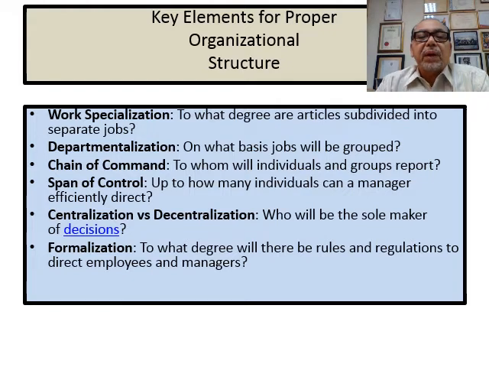So one head, one manager, maybe one supervisor, controls 10 people. Another supervisor controls another 10 people. That's what they are trying to say here. How many people can a head control down the line? So we call it the span of control. It cannot be one person controlling 100 workers. It's very difficult to do efficiently.